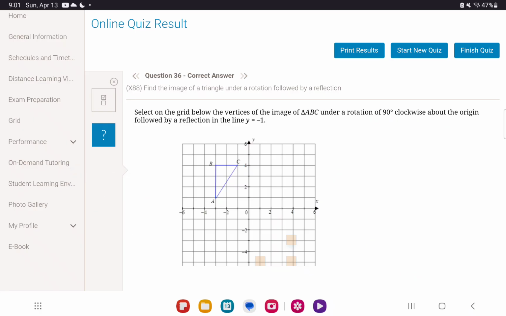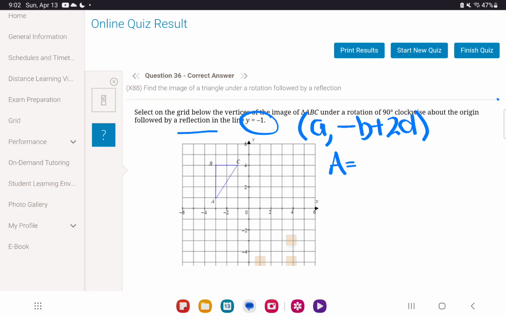Now let's start with A. Here they're telling you it's a reflection of y equals -1. So we use the y rule, x, minus y plus 2d. Okay, so for A we said the coordinates are 1 and 3.